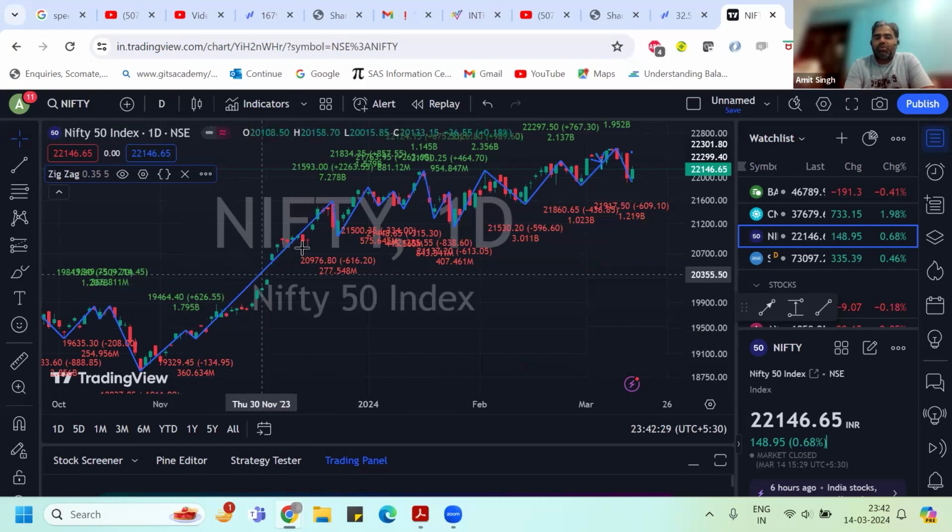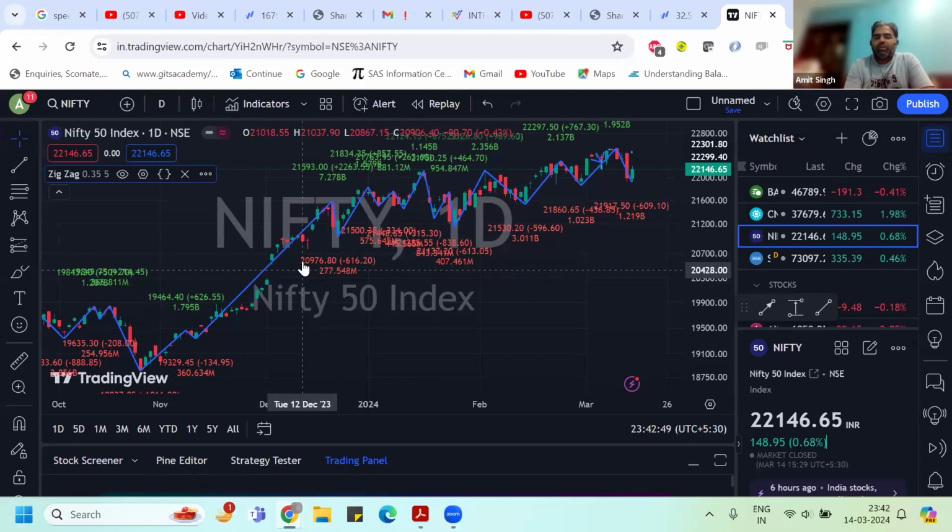Then a kind of corrective mode came, and then you had an impulse which did not persist very long, till 1st January. Then it fell down. Then like this, you can see an impulse in corrective form.